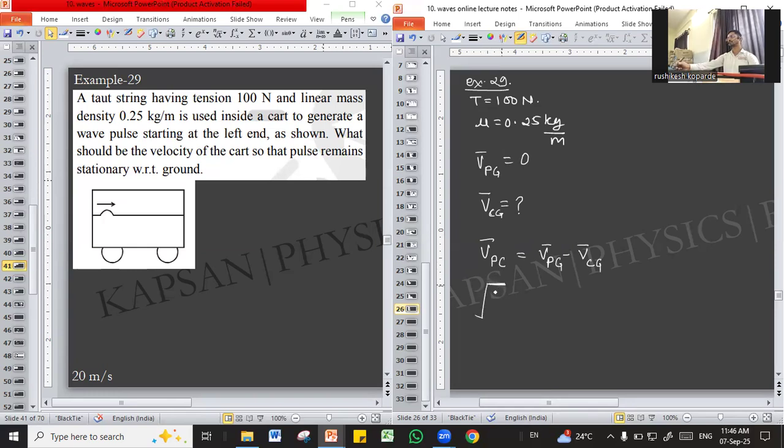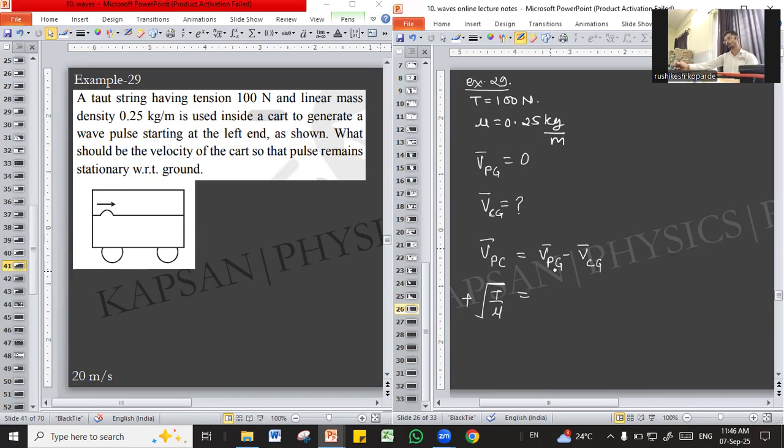It is under root T by mu in magnitude and it is moving rightward, so plus under root T by mu. The velocity on the string means with respect to string, but the string is attached to the cart, so with respect to cart. This under root T by mu is a velocity with respect to cart.